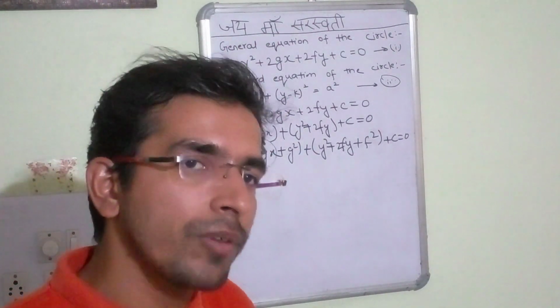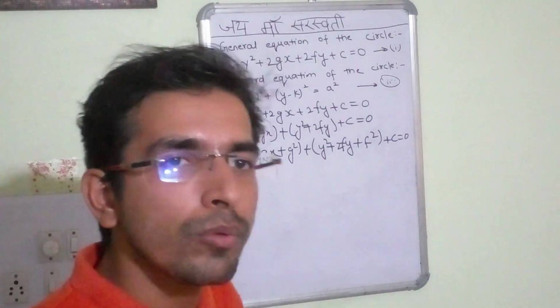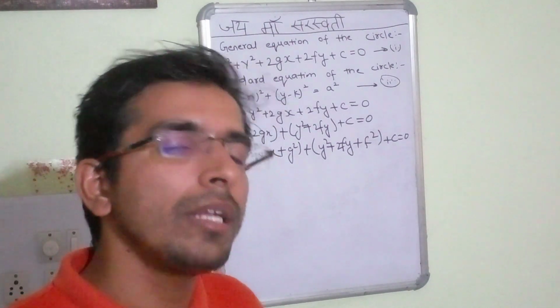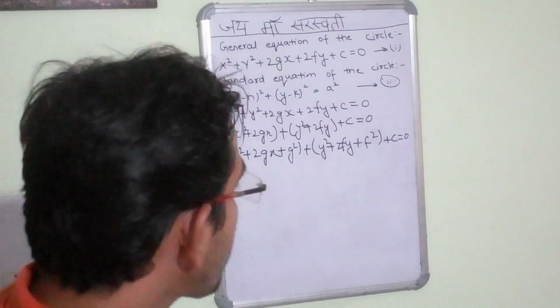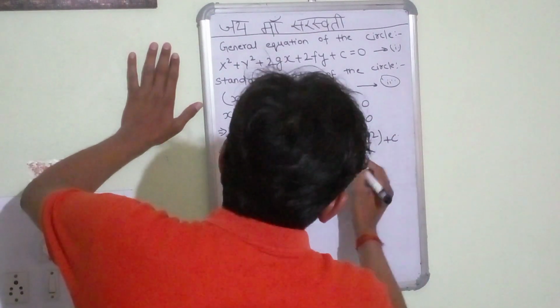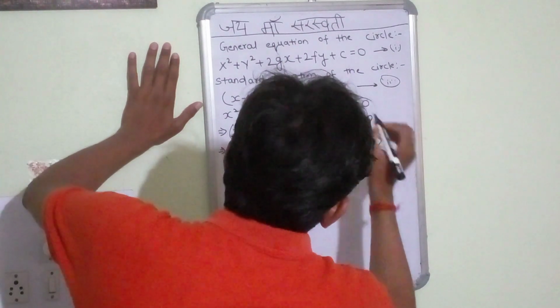Now we will be subtracting the same quantities g square and f square from that equation only, so that our work will not have any kind of influence on the equation. So it will be minus g square minus f square is equal to 0.